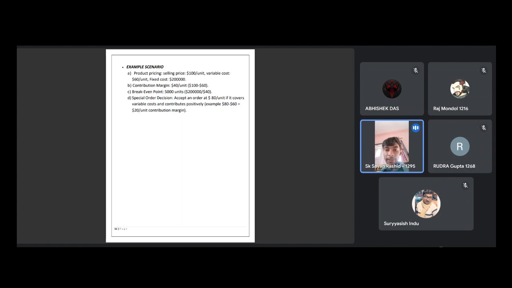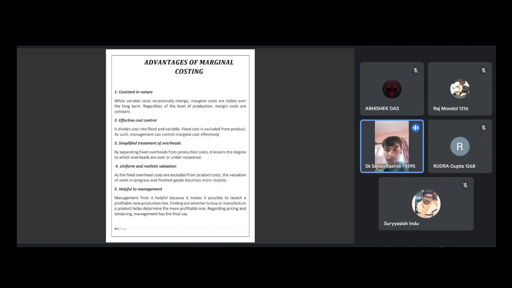It gives the break-even point, with 5,000 units, 2 lakh divided by 40. Special decisions: accept an order at $80 per unit. It covers variable cost and contributes positively. $80 minus $60 gives a $20 contribution margin per unit.